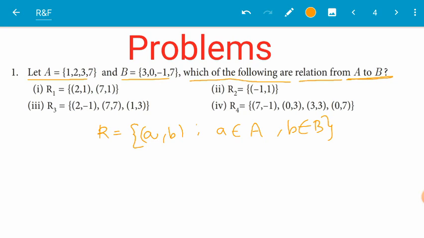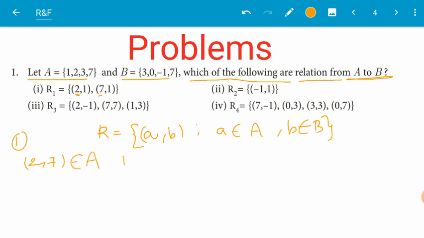First you have to check the first element should come under the domain, the second element in the codomain. Look here, the first pair (2, 7): is 2 in the domain? Yes, it belongs to A. First one I am doing.